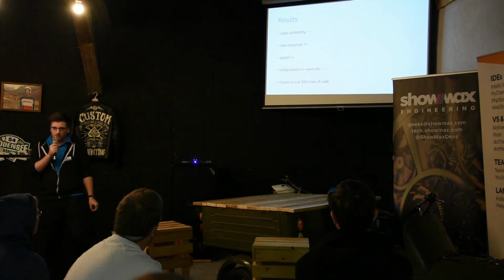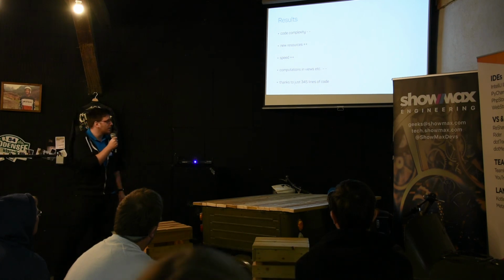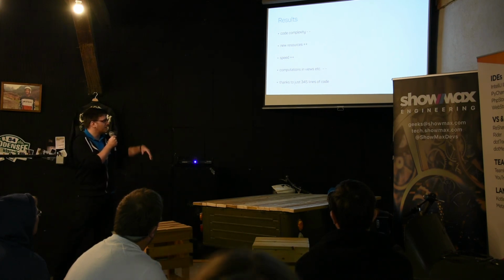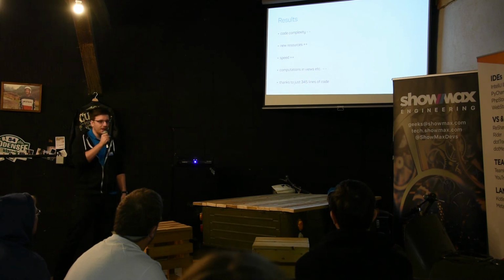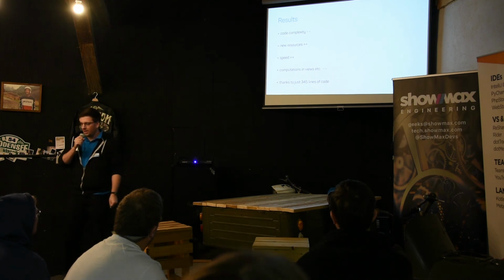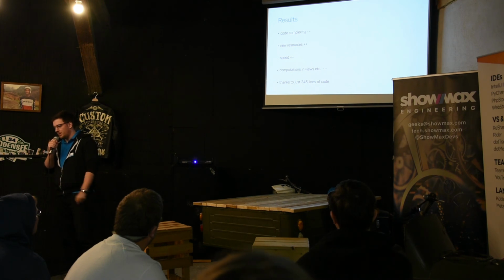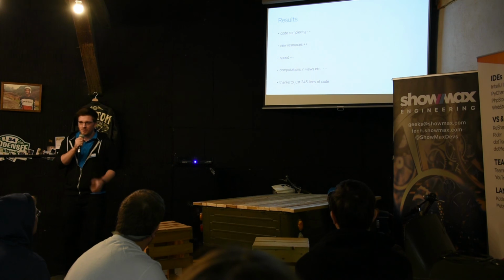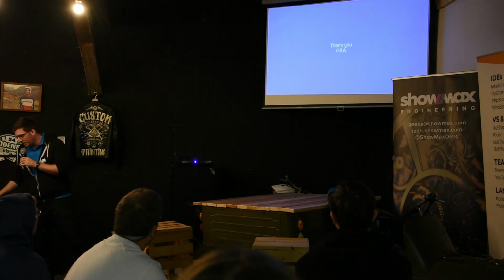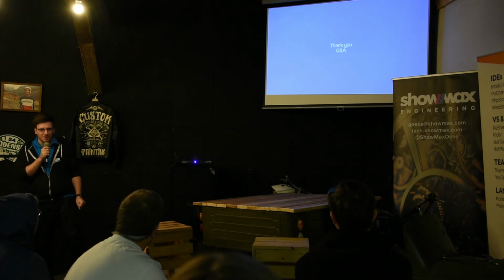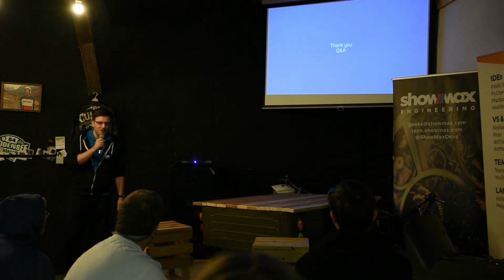Speed is also better, why not? Computation in views decreased. And thanks to Ruby and how powerful Ruby is, just 345 lines of code. So thank you for your attention, and now some questions, and I hope I will be able to answer you.